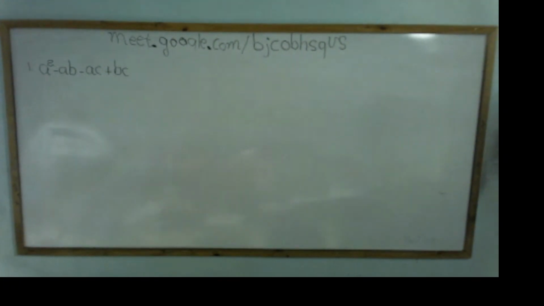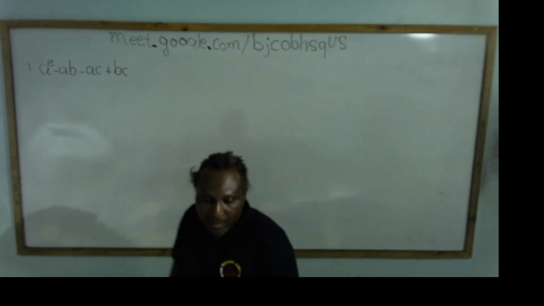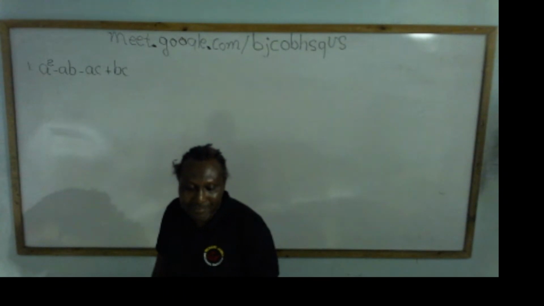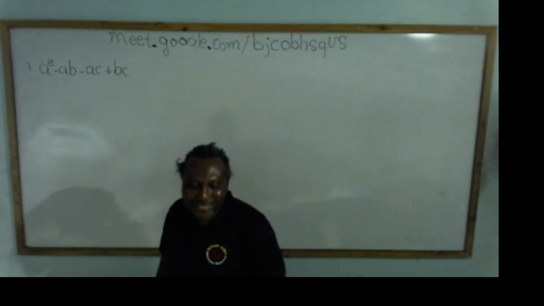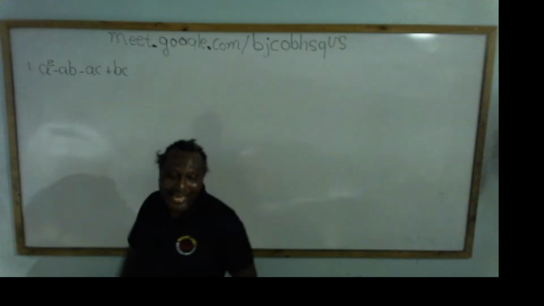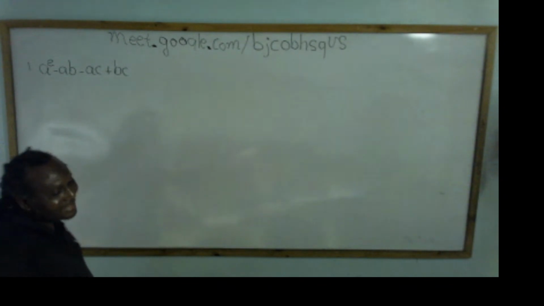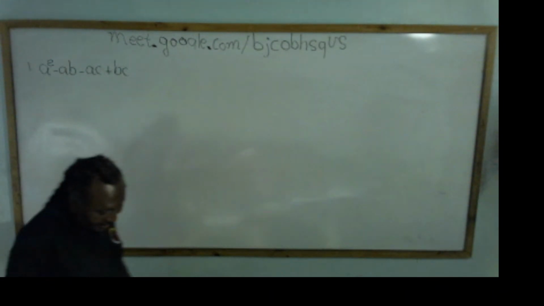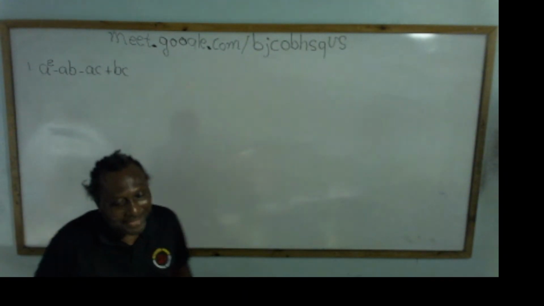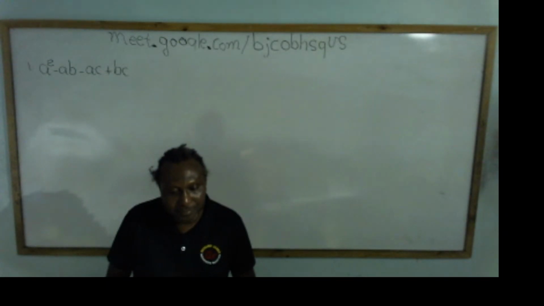So that's factorization by grouping, and we are going to take 2 at a time. Let's say, what is the highest common factor that we're going to use for the first 2? I'm soliciting your responses so that we can have an interactive class. Let's go.